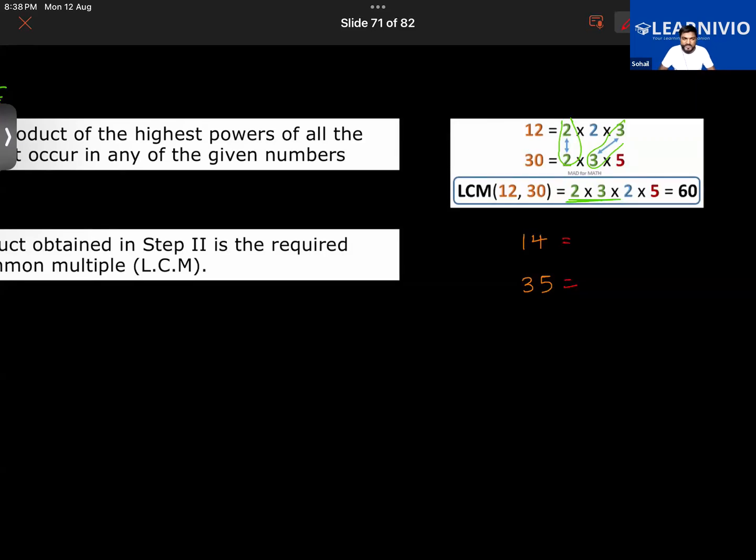Both of you solve this. You both have to first of all do the prime factorization of the numbers.